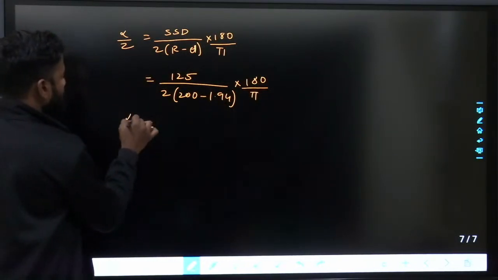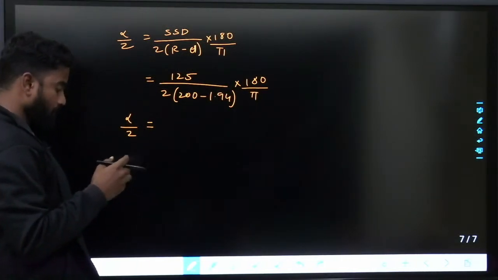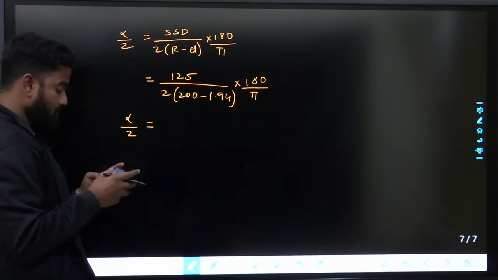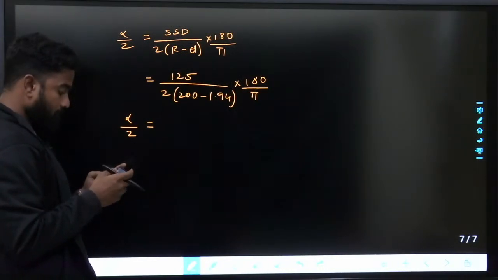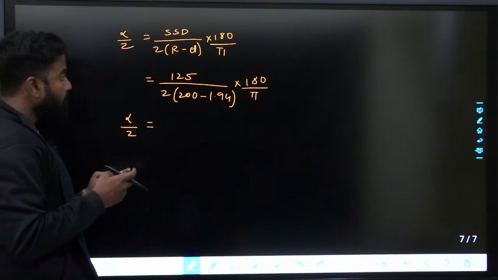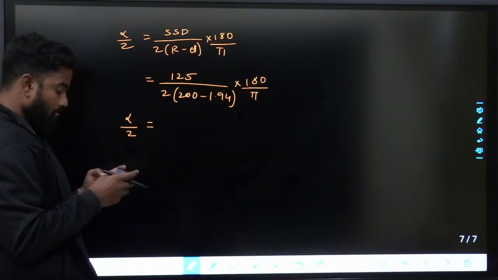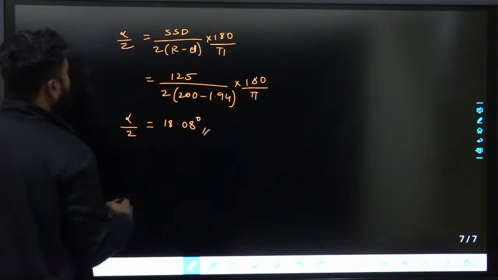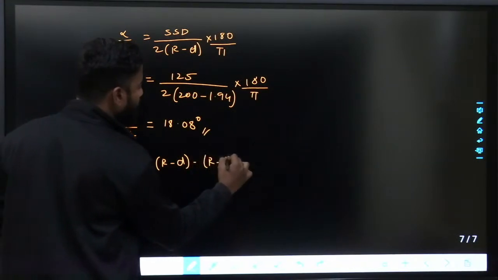The value of alpha by 2 would be equals to 18.08 degrees.